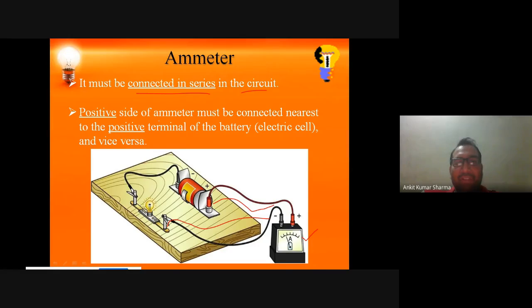So the positive side of the ammeter must be connected nearest to the positive terminal of the battery. You can see here, this is the positive terminal of the battery, and it must be connected to the positive terminal of the ammeter. You can see here.